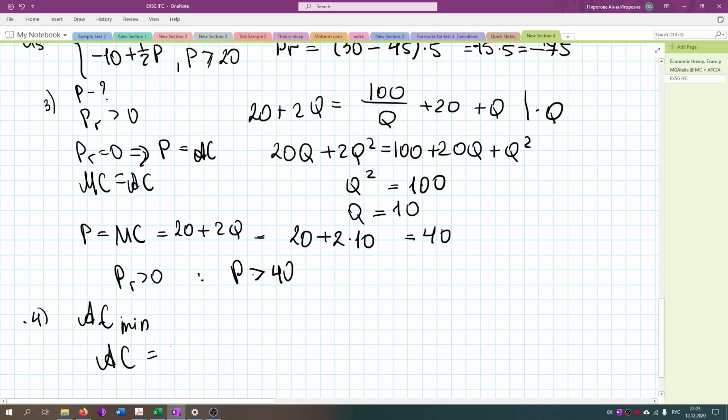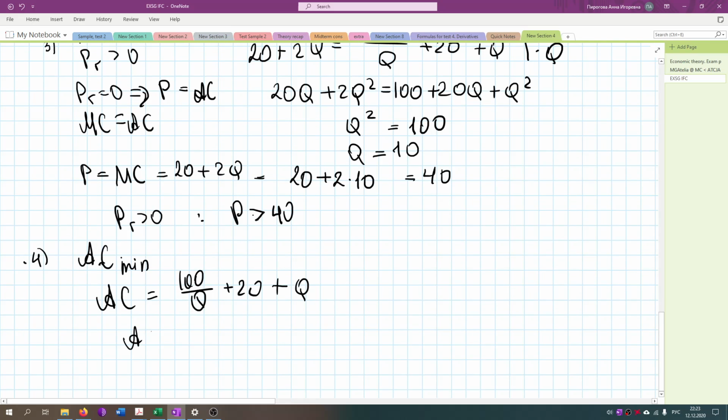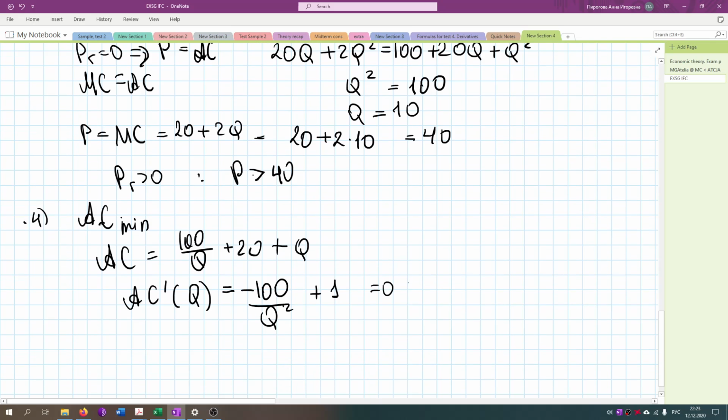So average cost is equal to 100 divided by Q plus 20 plus Q. So if we take the derivative of average cost, it is equal to minus 100 divided by Q squared plus 1, and we need to equalize it to 0.